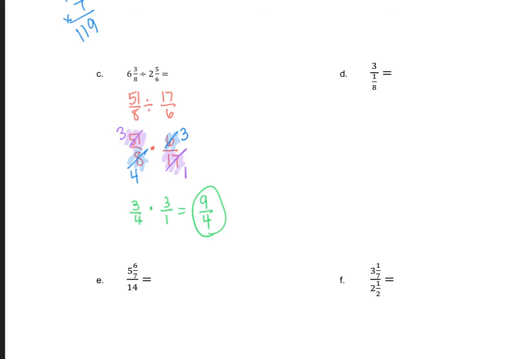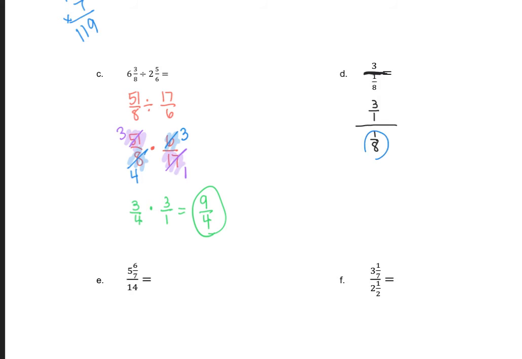So again, you see where that darker one is. This is your division bar. So you have a 3 on top, and you have a 1 over 8 on the bottom. So you have 3 over 1 divided by 1 over 8.